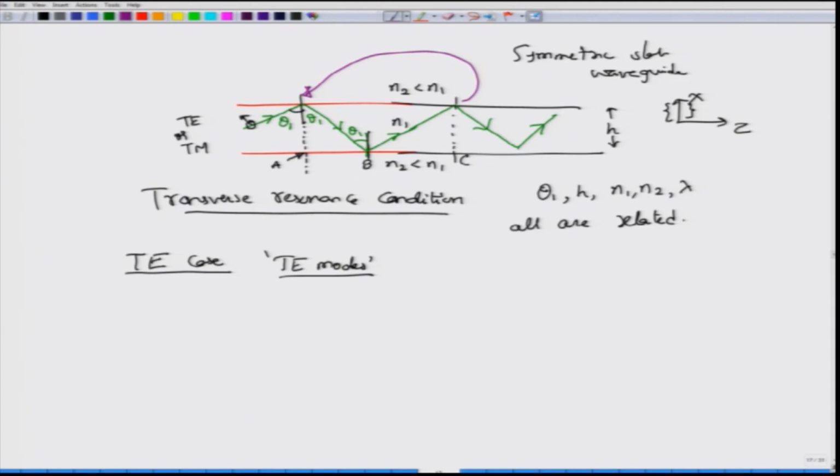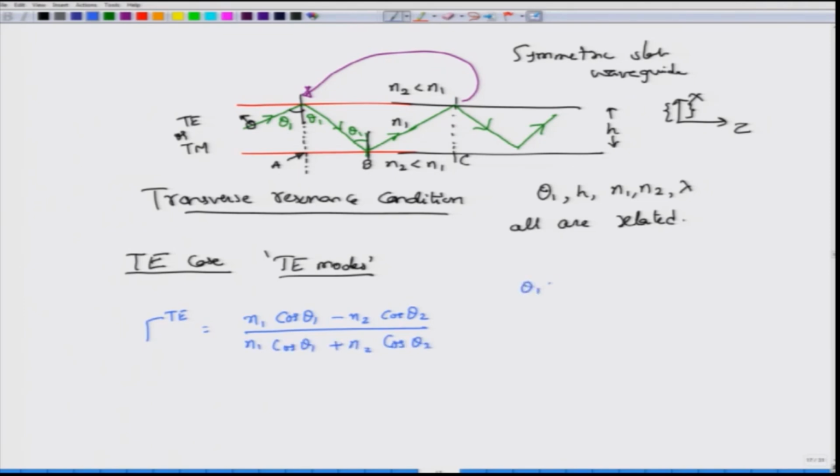Where is that coming from? Well, let us look at this. We considered that this is a TE wave, and we know that for the TE wave the reflection coefficient gamma TE can be written as N1 cos theta 1 minus N2 cos theta 2 divided by N1 cos theta 1 plus N2 cos theta 2.